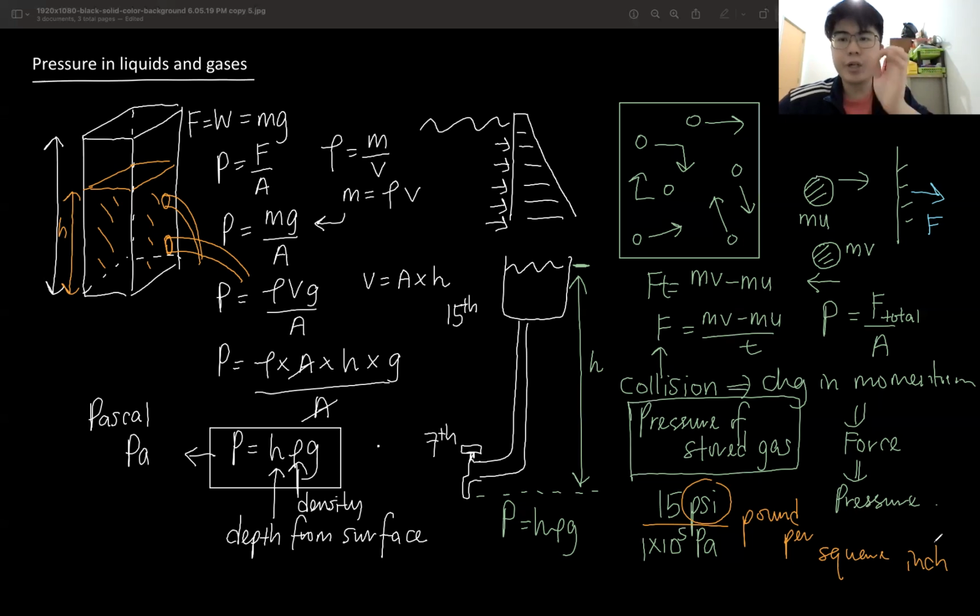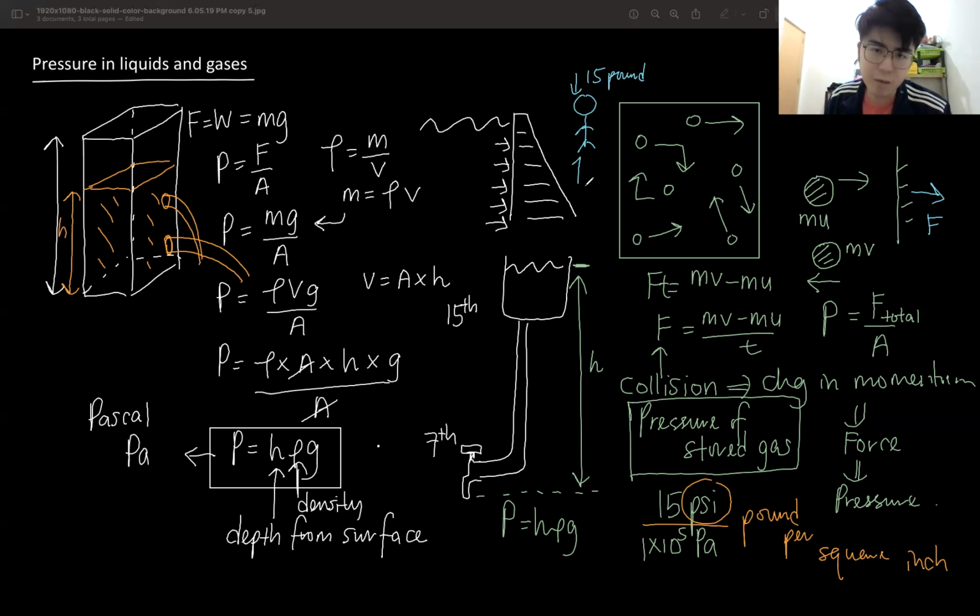the pressure of liquid and gas, they act in all directions. Let me explain. You see, you stand here, you have 15 pounds pressing on you from the top. Also, you have 15 pounds pressing on you from the bottom.